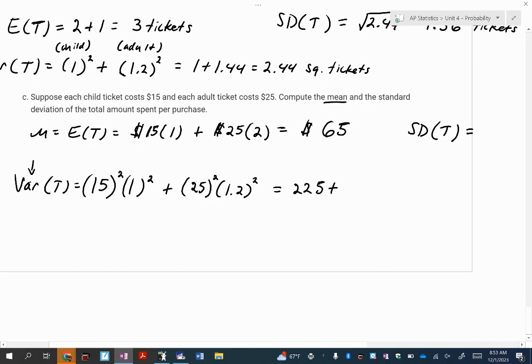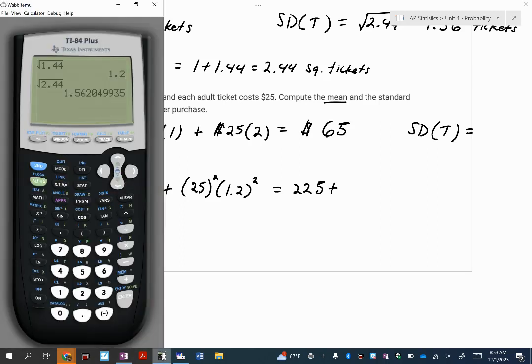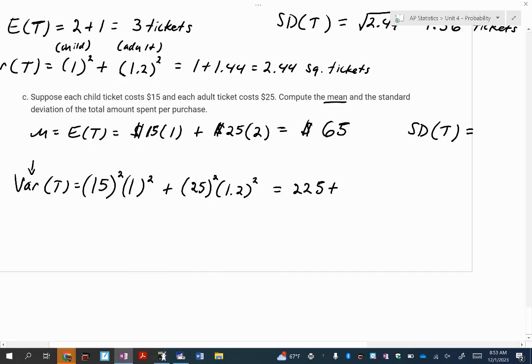225 plus, I'm going to need the calculator for this one, 25 squared times 1.2 squared. 900. All right, remember these are in squared dollars. So what is that, 1125 squared dollars.